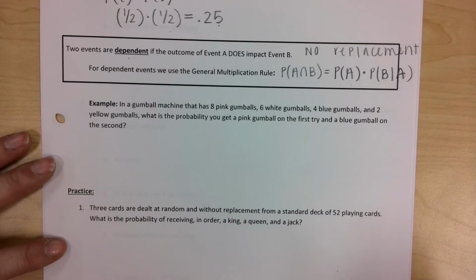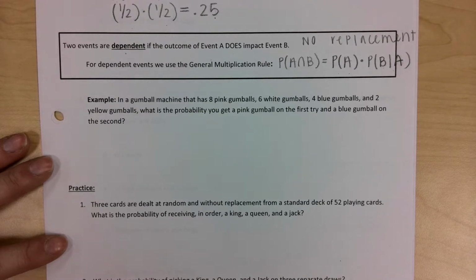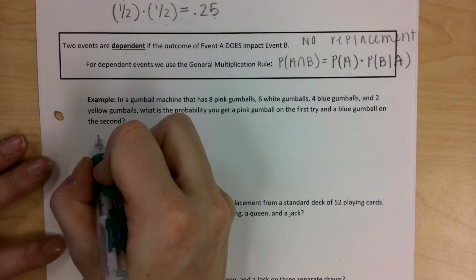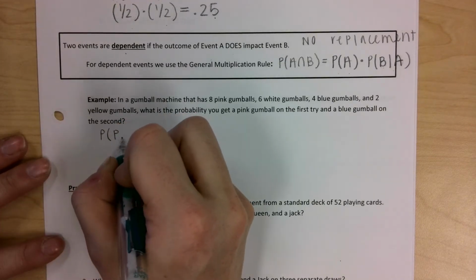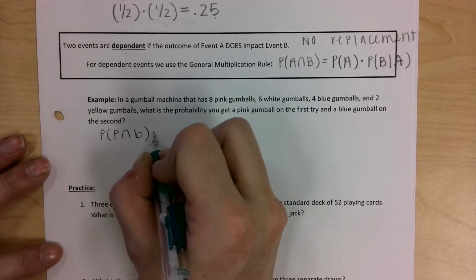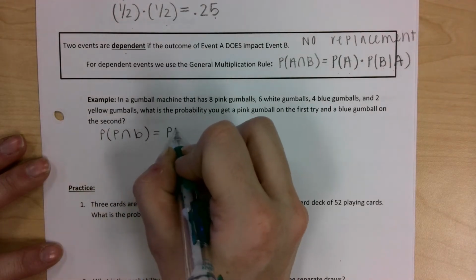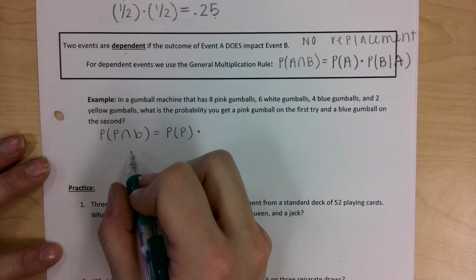Okay, for example, in a gumball machine that has 8 pink gumballs, 6 white, 4 blue, and 2 yellow, what is the probability you get a pink gumball on the first try and a blue on the second? So what I'm finding here is the probability of getting pink and blue. Okay, so I'm going to start with finding the probability of pink, and then I know I'll multiply because it's an and.